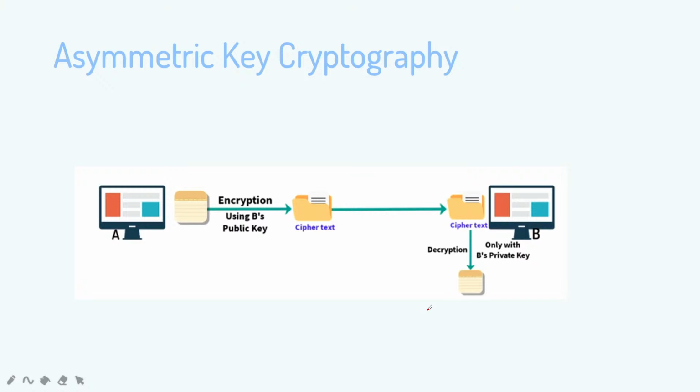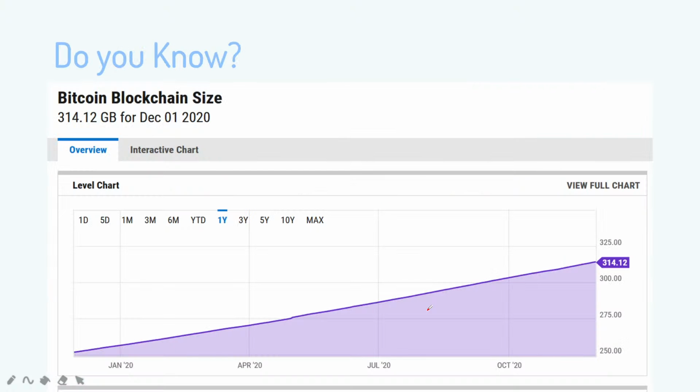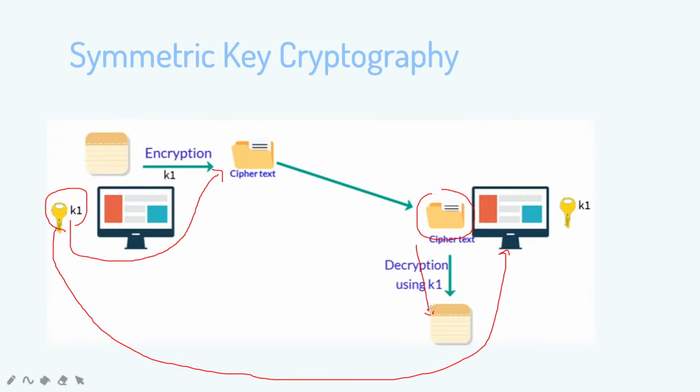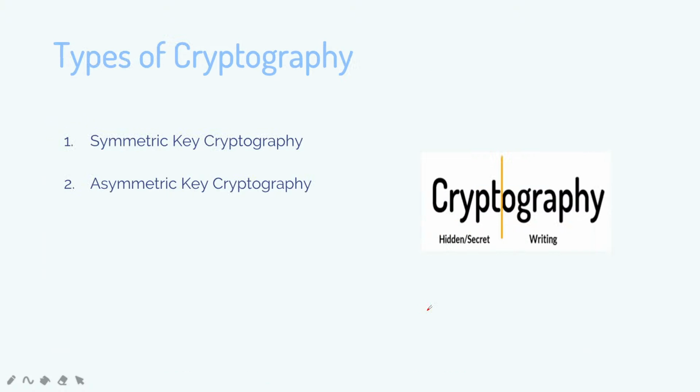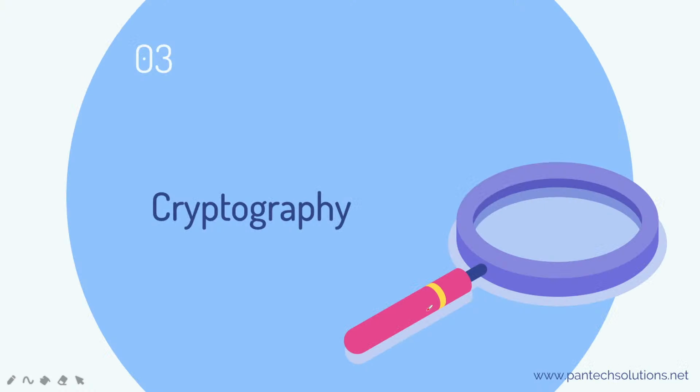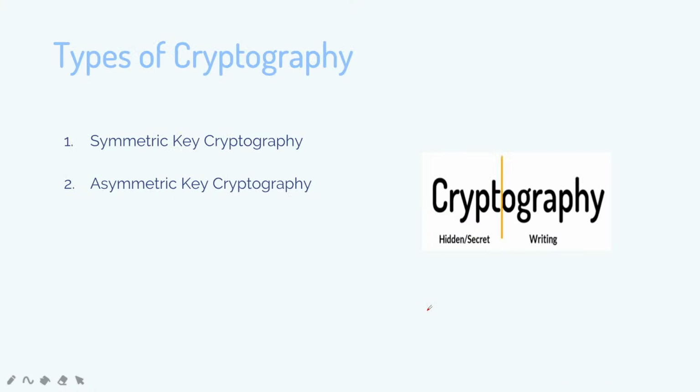This is what we do in asymmetric key cryptography. I hope you understood cryptography. This is one of the important techniques, because these things are used in blockchain technology.